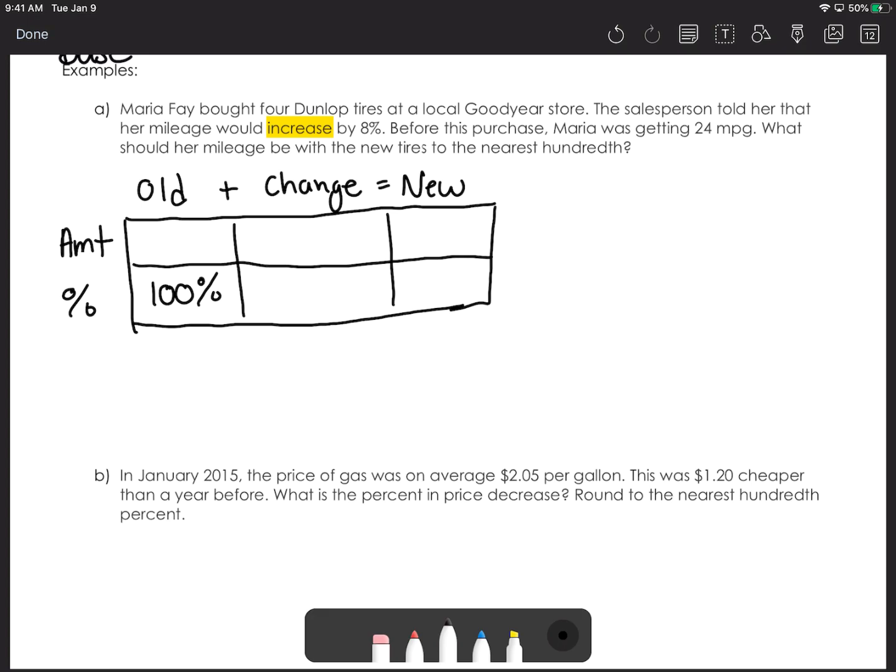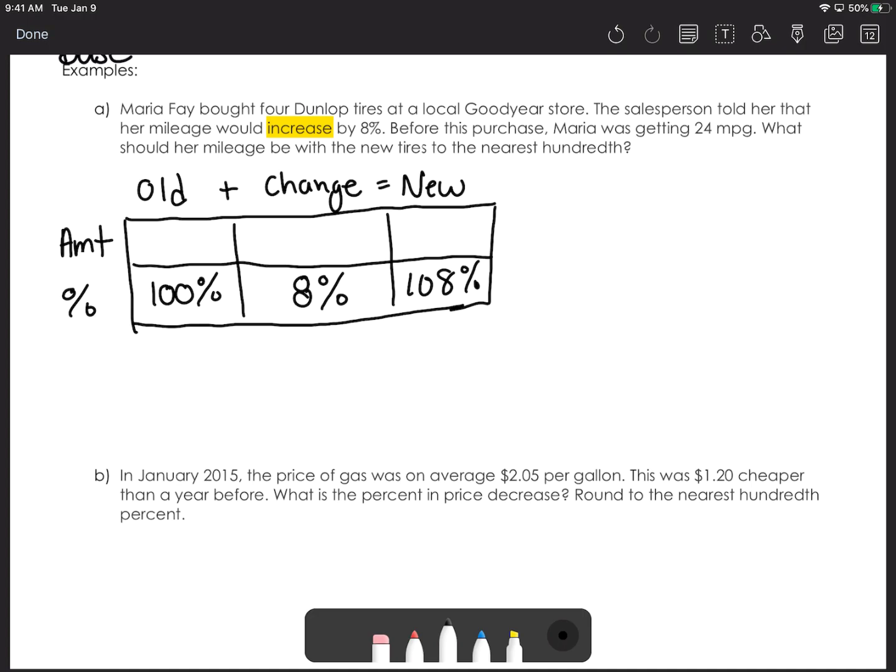Now, in the problem, it says the change represents 8% in percent form. So I'm going to put 8% here for the change, which means when I take 100% plus the 8% change, the new value is going to represent 108% of the old value.